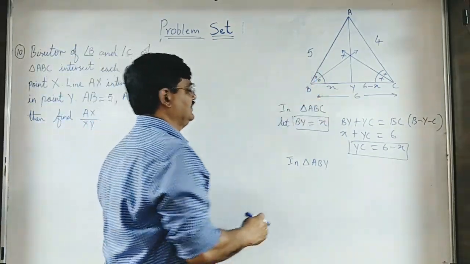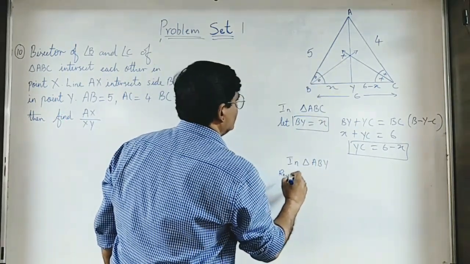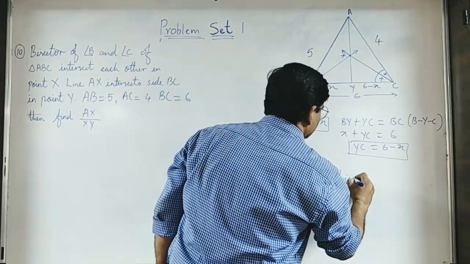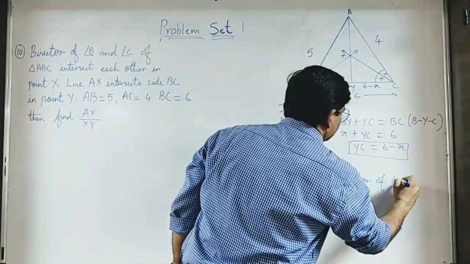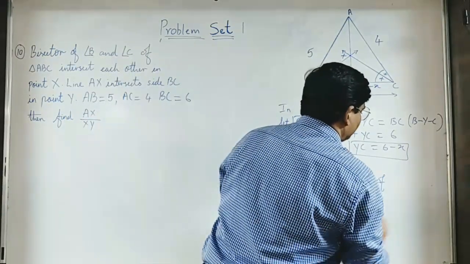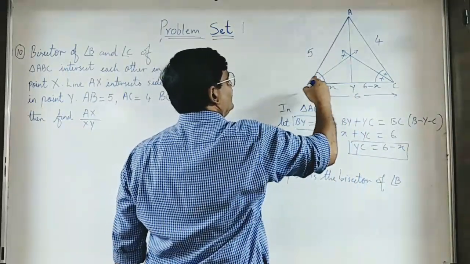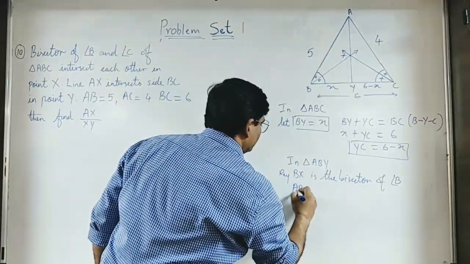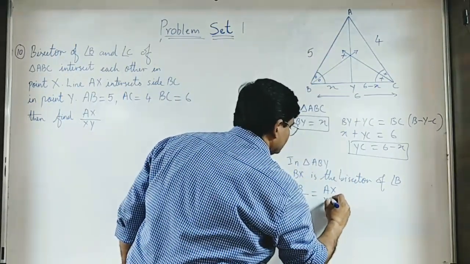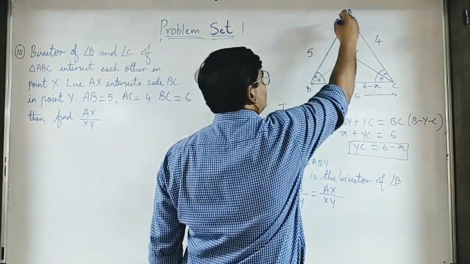Here, ray BX is the bisector of angle B. If it is a bisector of angle B, I can apply the theorem on angle bisector: AB upon BY is equal to AX upon XY. AX upon XY. AB upon BY is equal to AX upon XY.